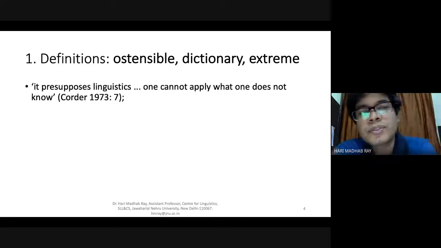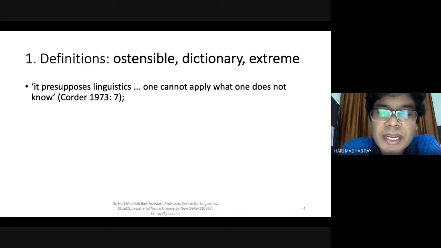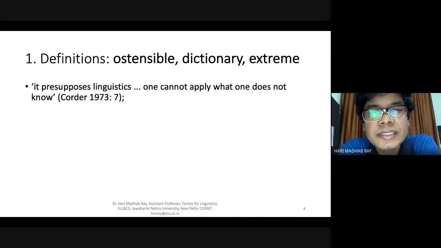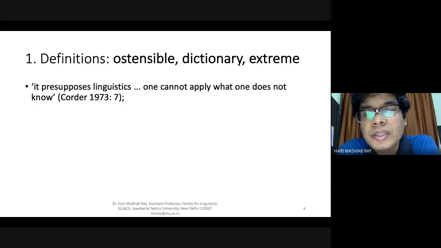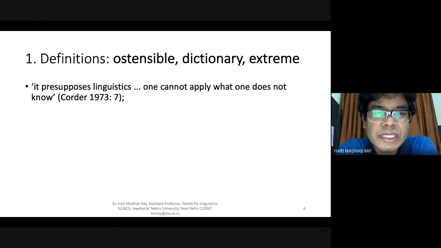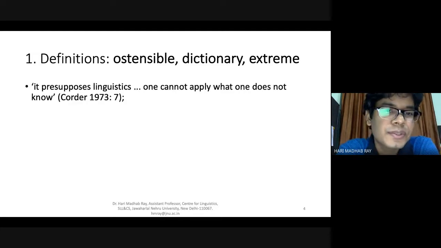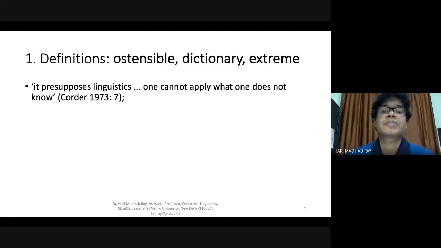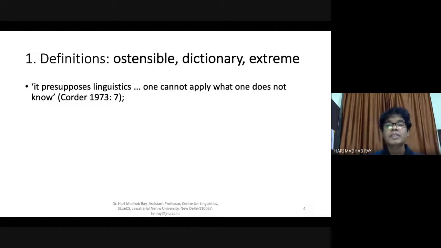If someone is working on language education, or psychology, or language disorders, and is not aware of linguistics, we may not say that he or she is an applied linguist. So it presupposes linguistics.